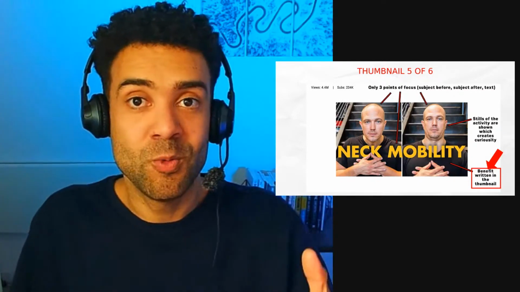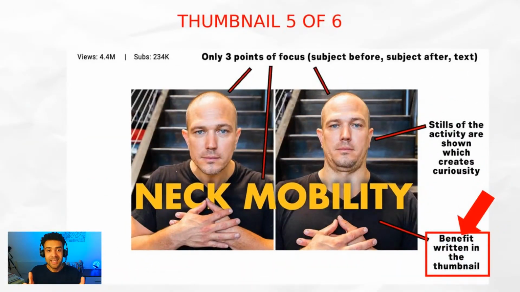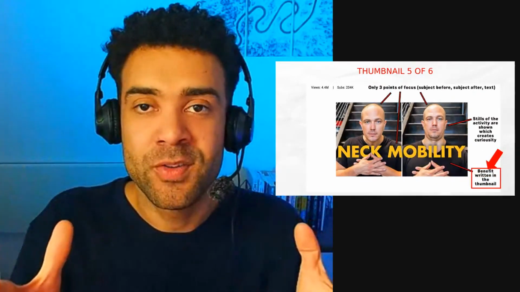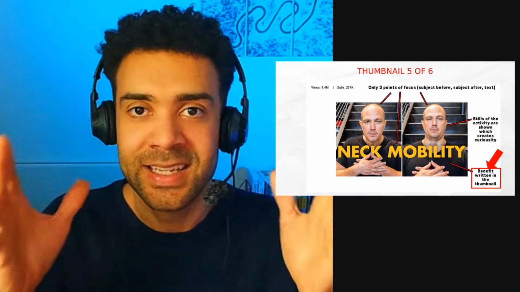And for anyone who wants to have a greater level of neck mobility, by seeing that value written in big letters there on the thumbnail, they're instantly going to click into this video and watch it, aren't they? Because the thumbnail has told them instantly that they're going to get exactly what they want from watching this video. There's no confusion there. It's deliberate. Here's the value of the video.